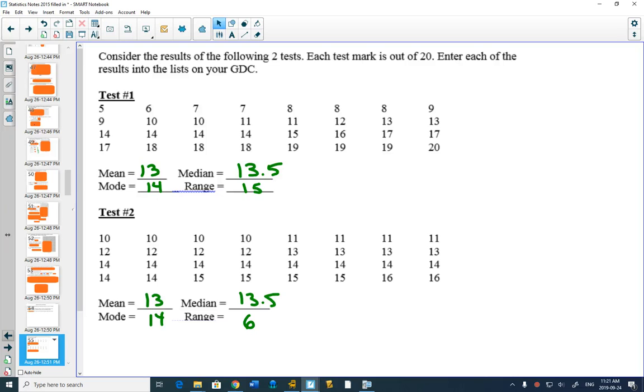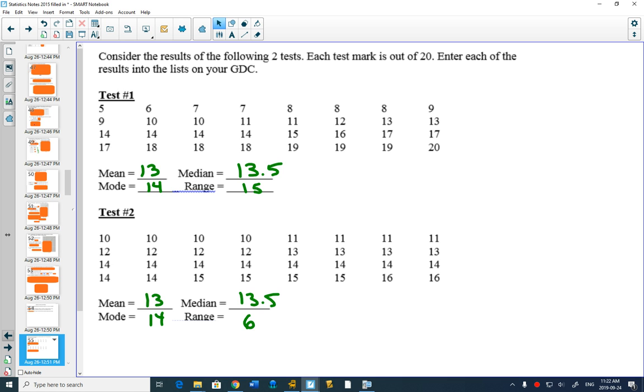And so the interesting thing about these 2 tests, if someone said, what was your average? You'd say 13.5. What was your mean? Well, what was your average? 13. What was your median? 13.5. What score happened the most? 14.